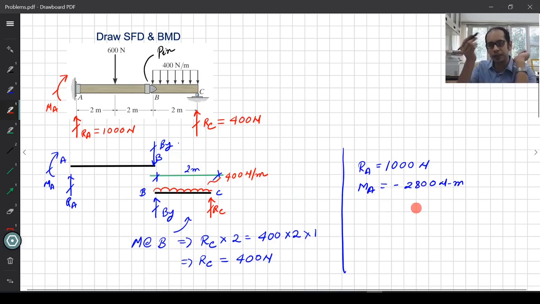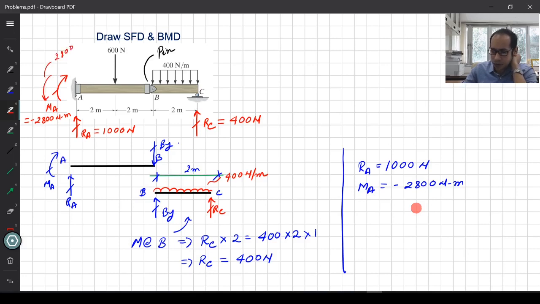That means ideally the direction of the arrow should be on the other side. So after calculating, if you want to mark it on the correct side, this M should ideally be acting something like this over here. So this will be a positive 2800, right?